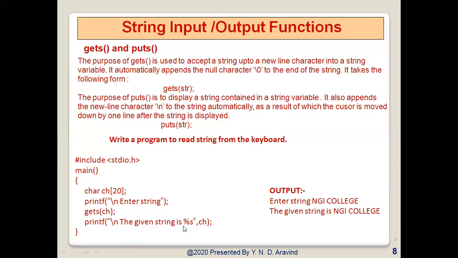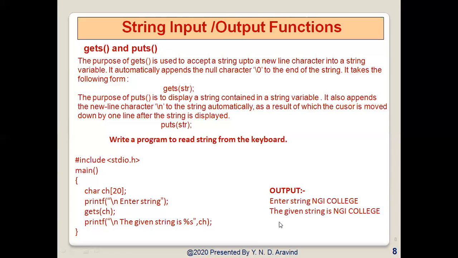This %s is a string specifier. So the given string is, at this %s, the ch value is NGI college. Once after displaying NGI college, the cursor will come one line down.